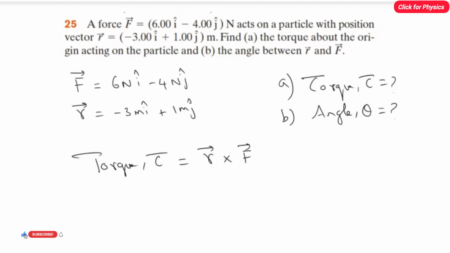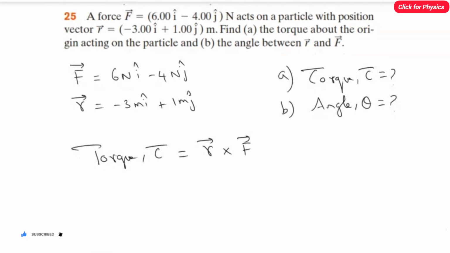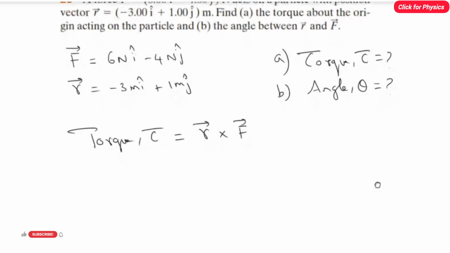If you rearrange this equation, it is nothing but r F sine theta, but I am not going to use that here, because the force vector and the r vector are given directly, so we can deal with the cross product. To find the answer using the cross product, we have to go back to the i j k rule we studied in chapter number 3, vectors. Clear? So now I'm going to use the i j k form.